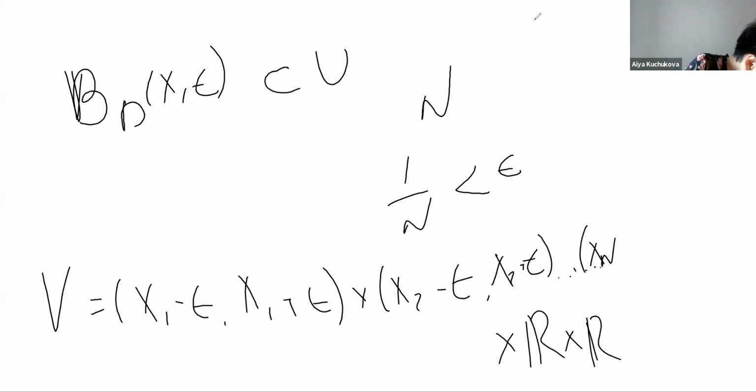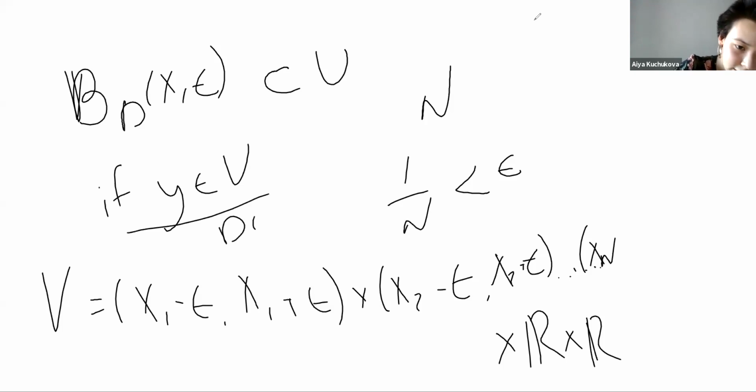Okay, and so we want to show that this basis element of the product topology is in this ball. How do we do it? It's actually really simple. You have to assume that if y is in V, then d(x,y) is less than epsilon, and it means that y is in this ball, right?